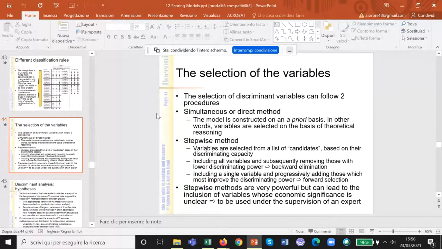And I can do it two ways, i.e., adding up variables progressively, or include all of them at the beginning and then removing progressively. So it's two different ways, but basically the logic is very much inductive. I try to see empirically what are showing the best discriminating power, okay?